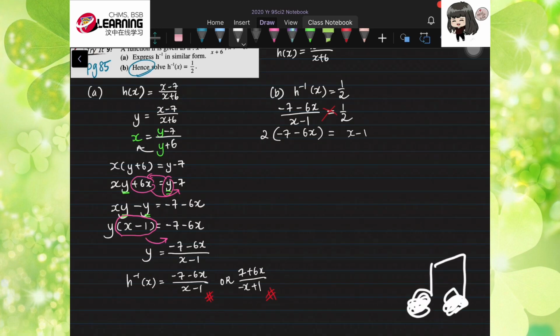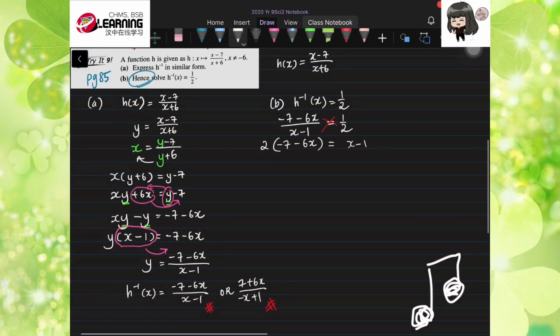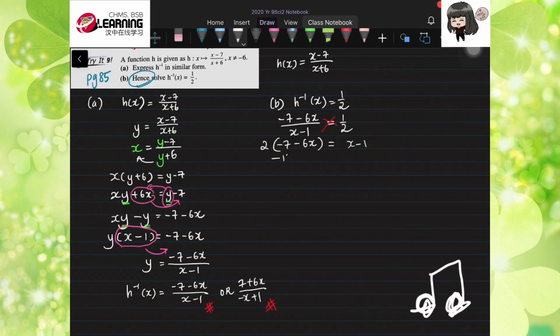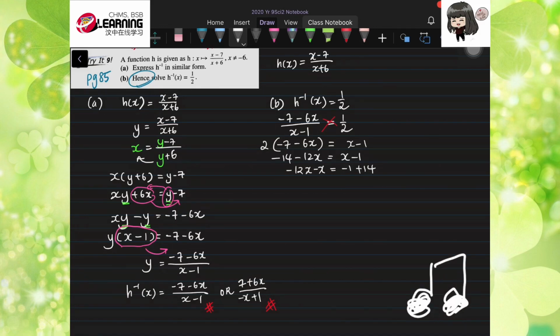So here we expand, we will get negative 14 minus 12x equals to x minus 1. Then we gather the x together, so negative 12x minus x equals to negative 1 plus 14.